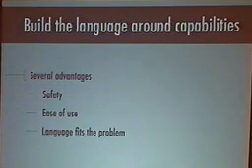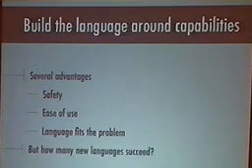And you can make a language that actually is aimed at capabilities, and has exactly the right properties, the right syntax, so that capabilities fit neatly into it. But the trouble with new languages is that very few succeed. You can have a lot of fun writing them, hardly any take off.